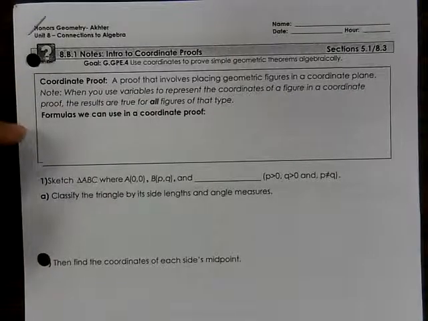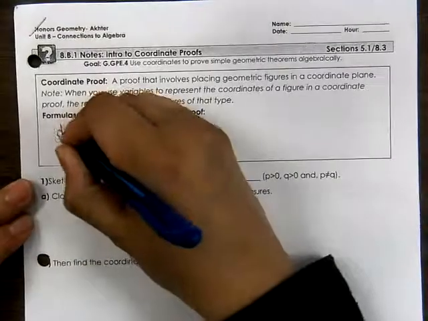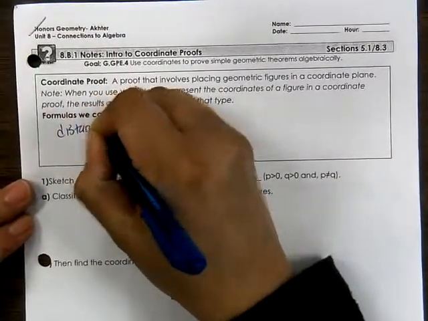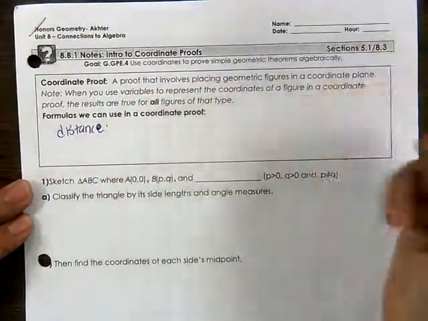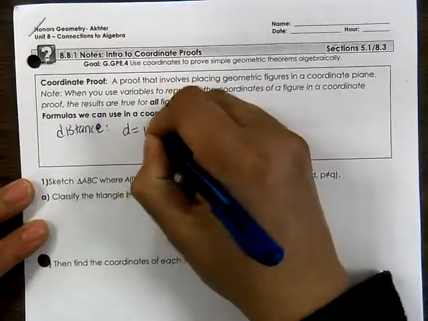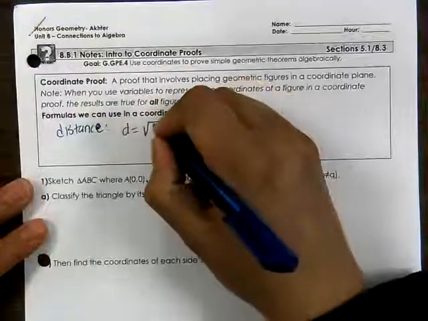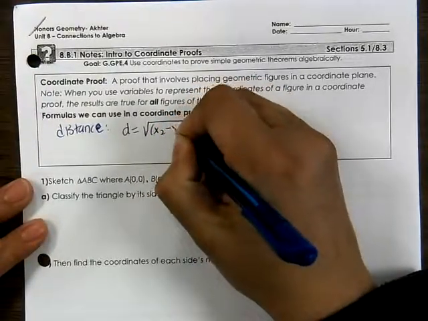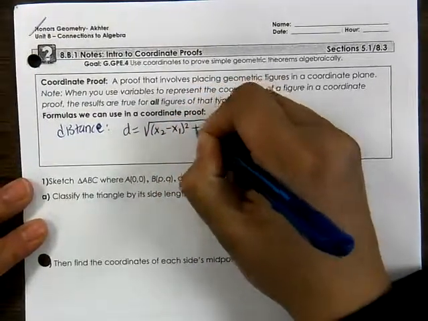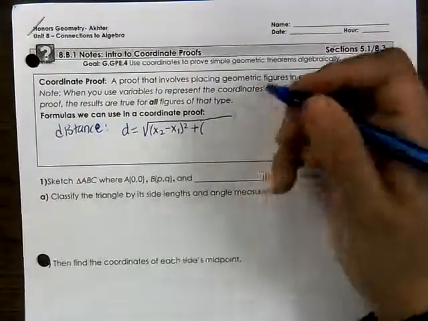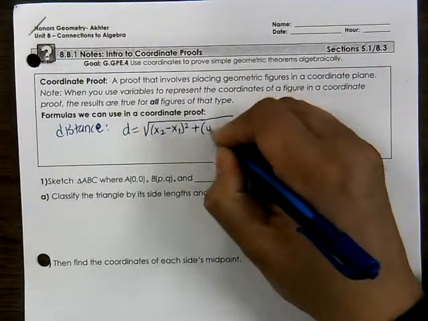So here are the formulas once again, just to have them all in one place from last week. The distance formula is what we're going to start with, which is d equals the square root of, remember you subtract the x's, but the order here is not very important, because when you go to square it, it's going to remain positive.